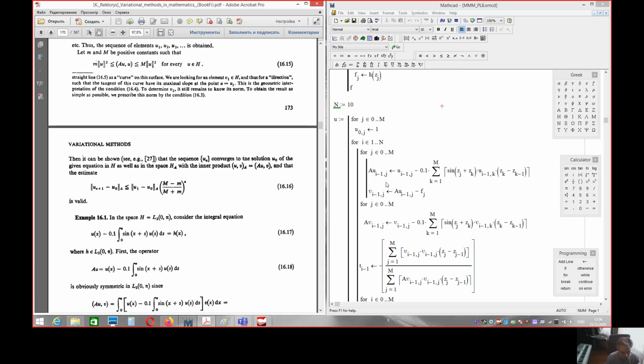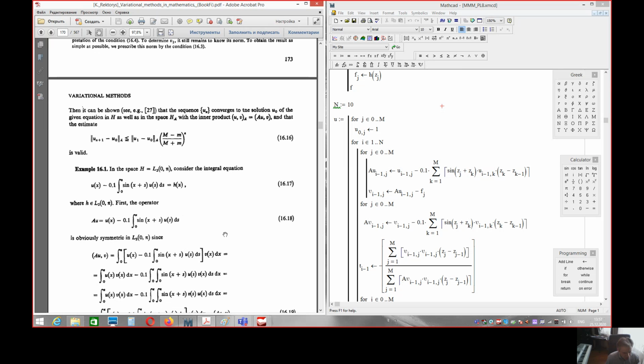It is equal to u i minus 1 j minus this coefficient by this discretized analog of the integral, sine z j x outer coordinate plus z k s inner coordinate, that is under the integral, by u and by the differential z k minus 1.